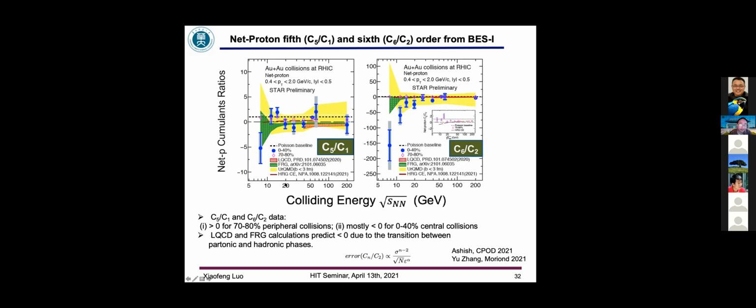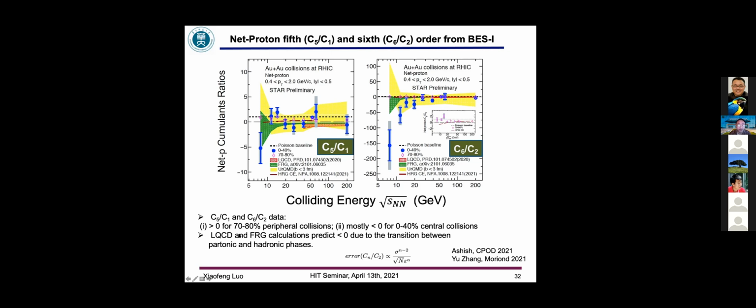Basically, in general, we see that the results from 70 to 80% peripheral collisions have positive values, but mostly for 0 to 40% centrality, the results are negative.